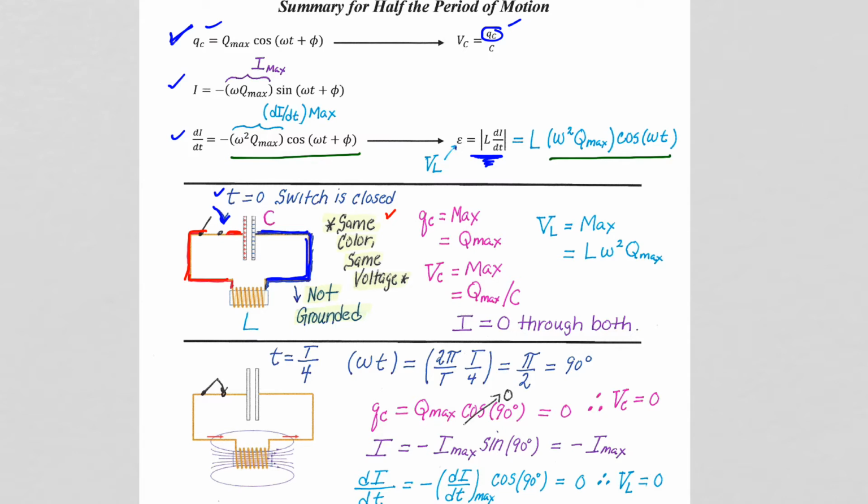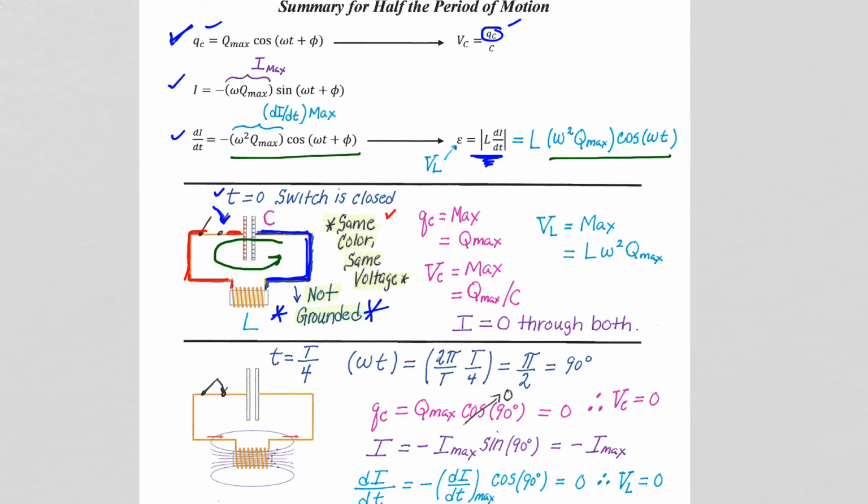Also, please make sure you get in that this is not a grounded circuit. If it was grounded, it wouldn't allow for the oscillation. So we are having this oscillation back and forth. But notice we also have a single loop circuit. So we kind of have both a series and parallel situation going on here at the same time, but we don't really have the same type of circuit.